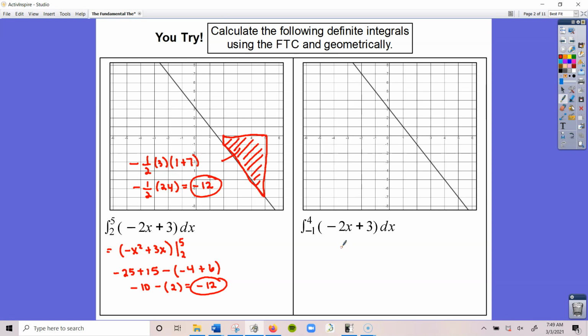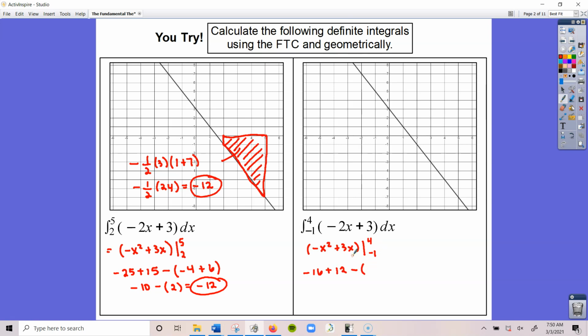Now when we look at this one, we're evaluating the same exact graph, but from negative 1 to 4. So we have the negative x squared plus 3x, but now we're evaluating negative 1 to 4. So we're going to plug in the 4. Negative 4 squared is negative 16, plus 3 times 4, which is 12, minus.